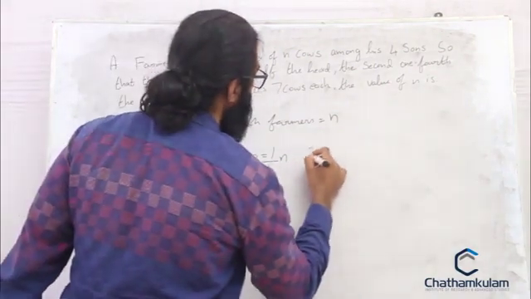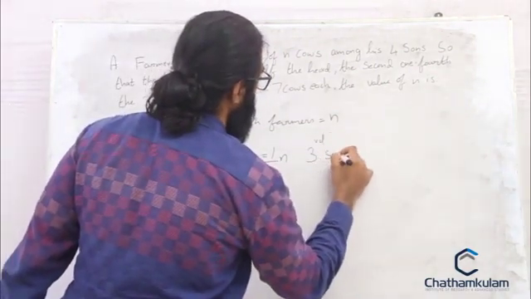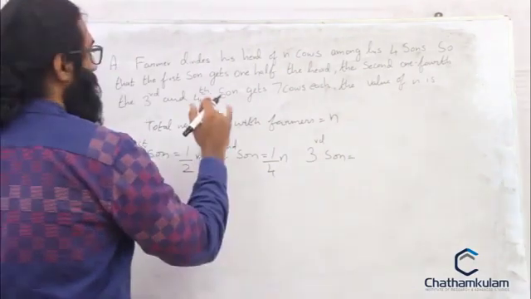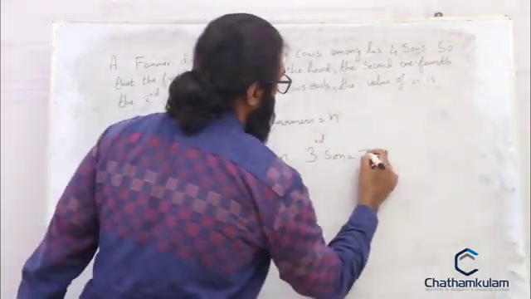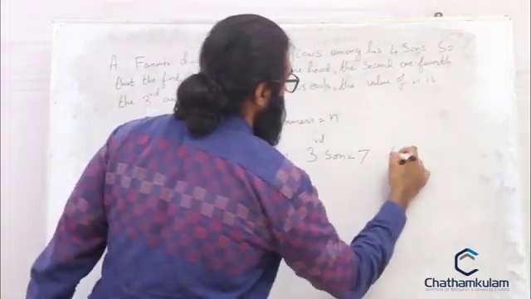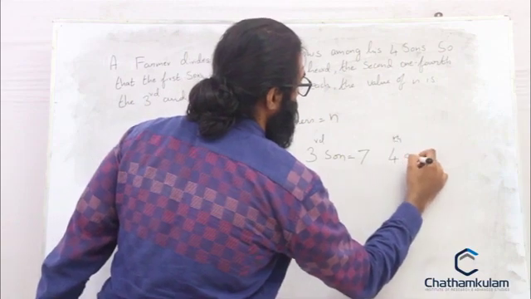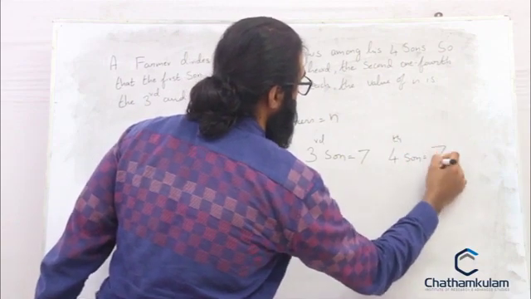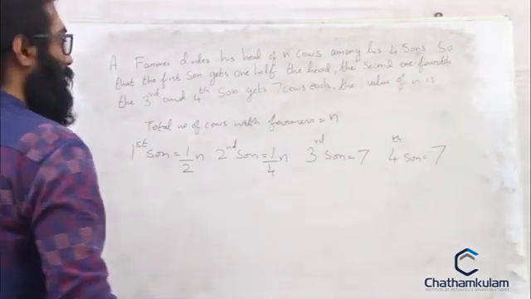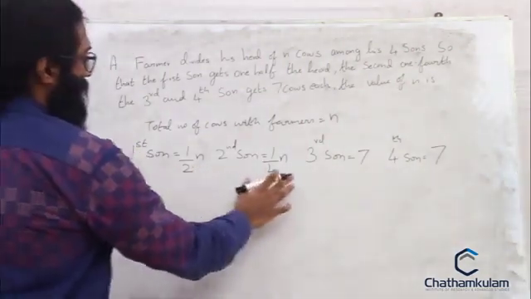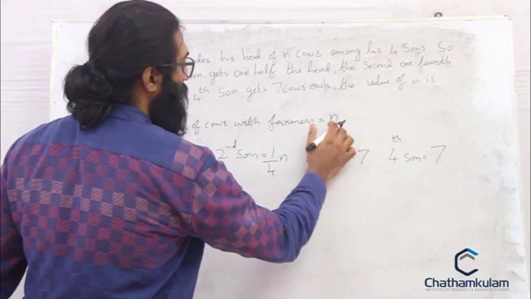To the third son he gives 7 cows, and also to the fourth son he gives 7 cows. So the sum of all these would be equal to n.